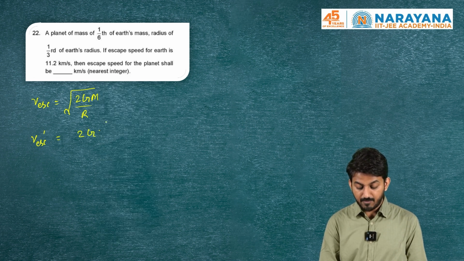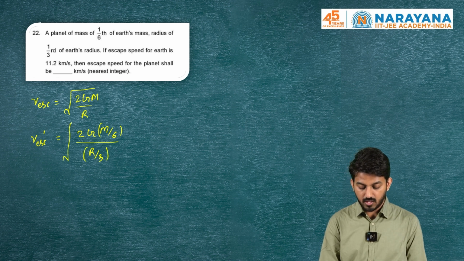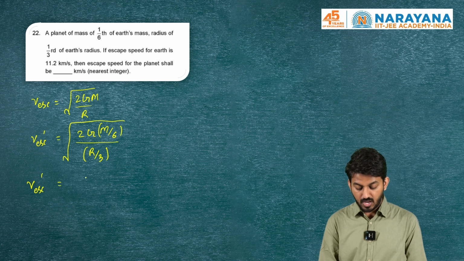Now, mass here is 1/6 divided by radius here is going to be 1/3. So I'll just put whatever the radius here is, giving us V escape prime is equal to 2 GM by r multiplied by 3 over 6.